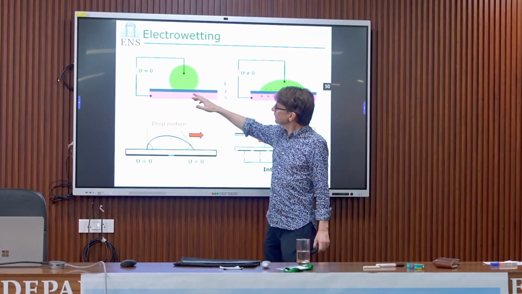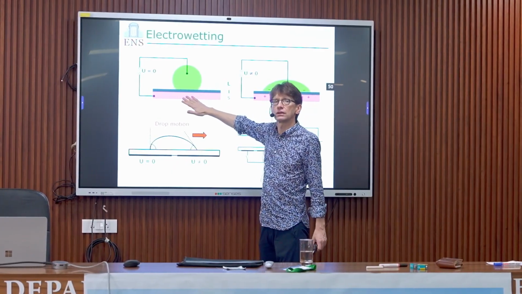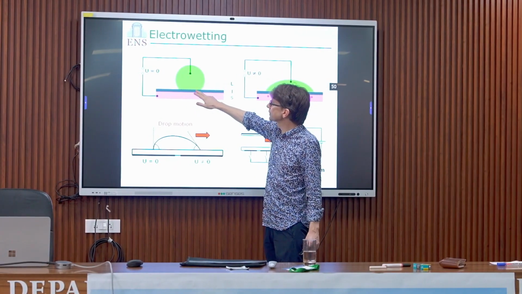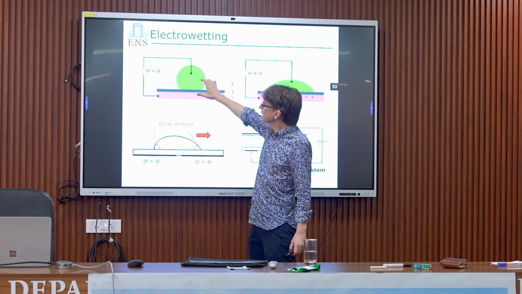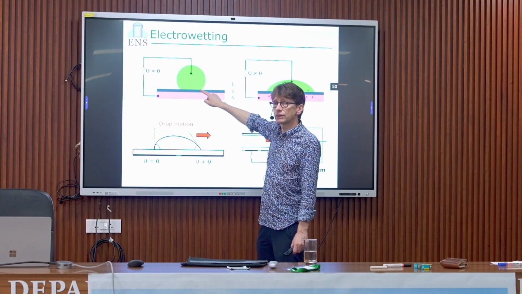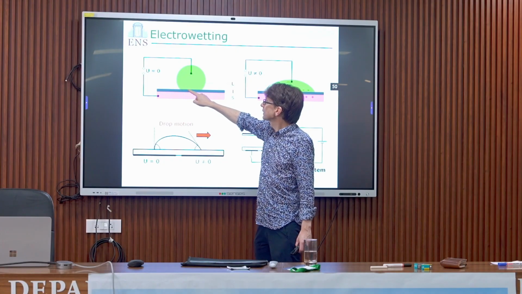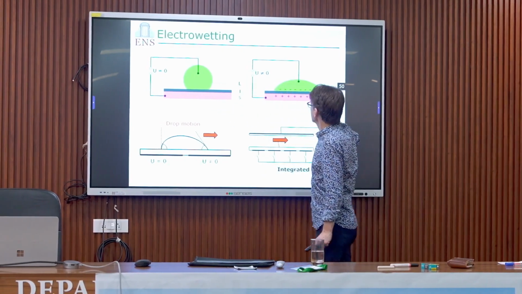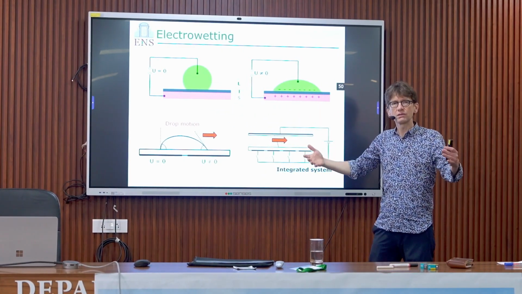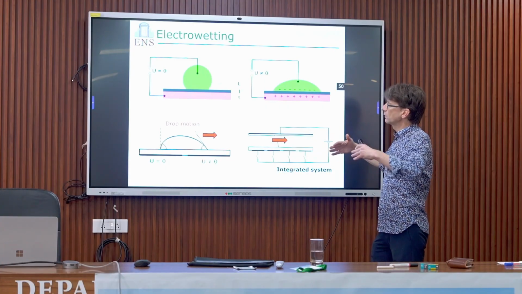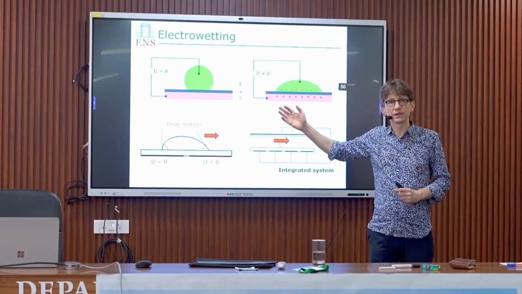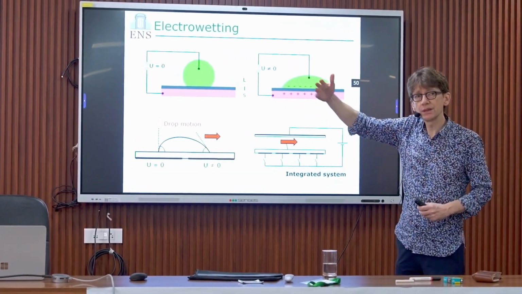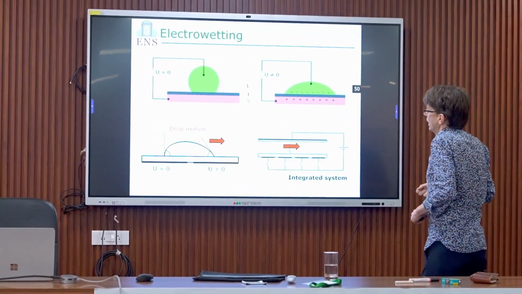If you take a water droplet on an electrode and you put an insulator here, and you apply an electric field, you will make a condenser, a capacitance, meaning that you will create charges, and these charges will change the wettability, and the droplet will wet. So this is used for liquid lenses, for instance. It's used in drones. It's used in some smartphones.